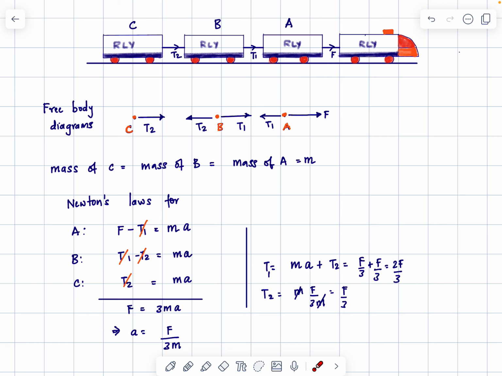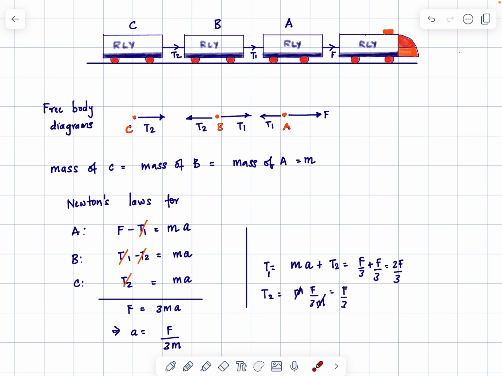Let's take a look at the free body diagrams. If you look at car number C, it's being pulled forward by a force equal to T2, right? By Newton's third law, every action has an equal and opposite reaction.